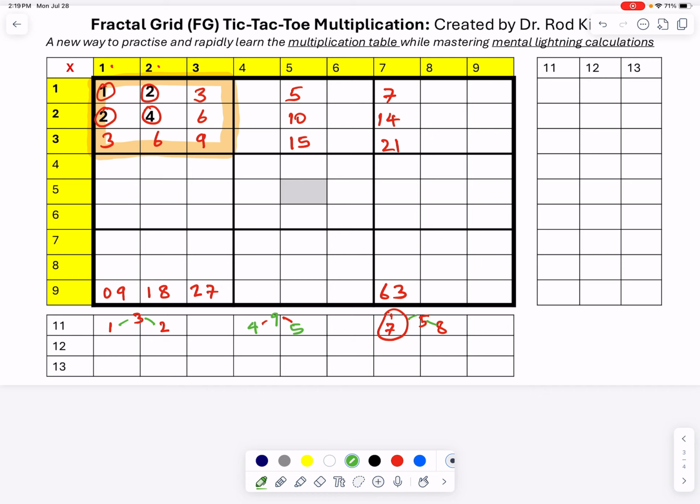But my favorite in using this method is when you have to multiply 2 digits by 2 digits. For example, 12 times 12 would involve these 4 numbers. So you draw a Z shape to connect them, and then you add the numbers along the diagonal.